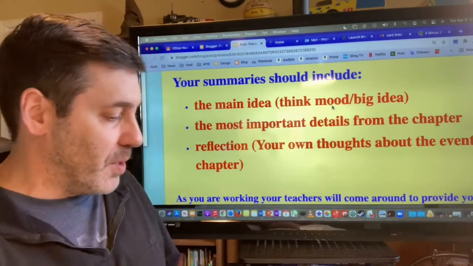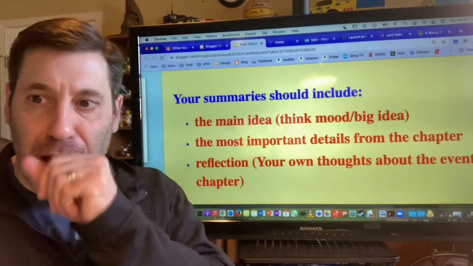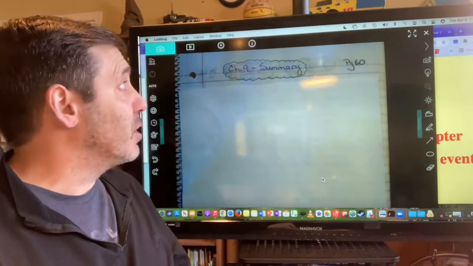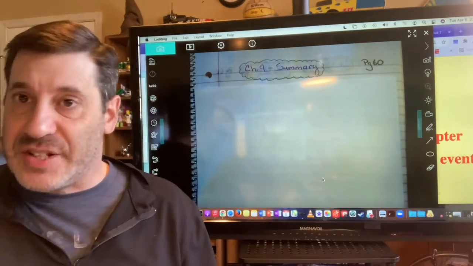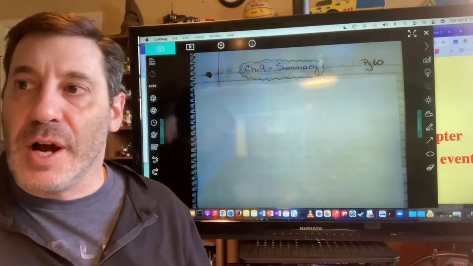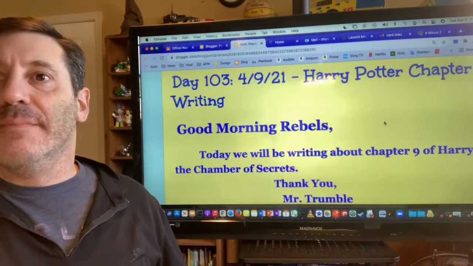So in my notebook, before I even do any of that, I'm going to go ahead and make sure that my notebook has 3 things: the date, the title, and the page number. Now, you'll notice my notebook was missing the date, so I got to come back here, make sure I get that date.